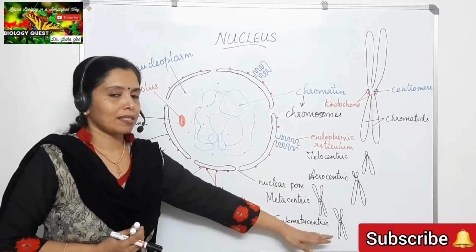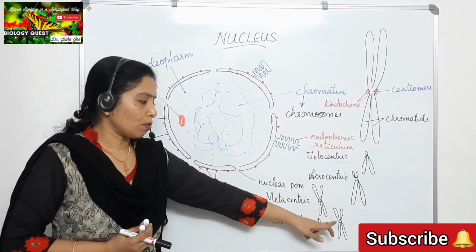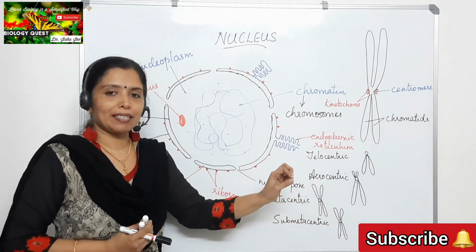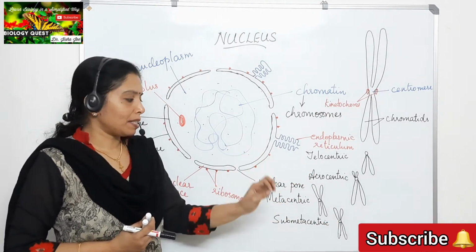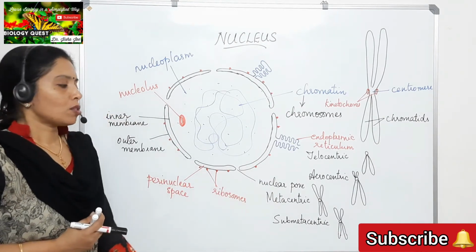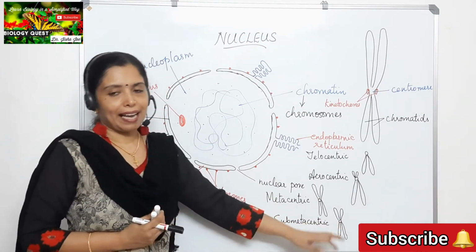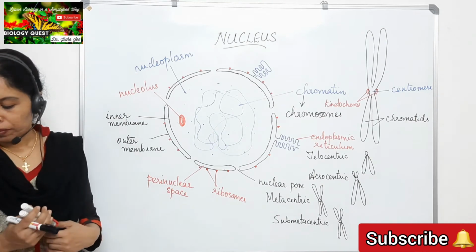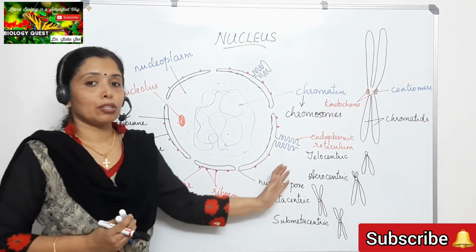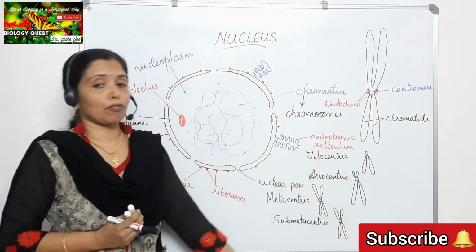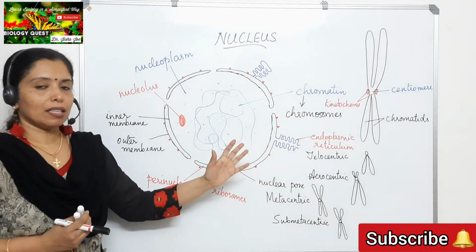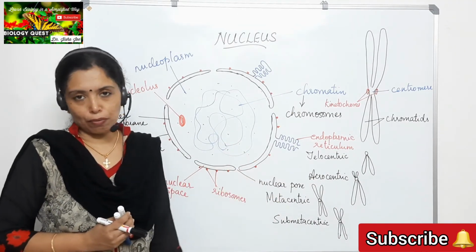And submetacentric, where the centromere is located more towards the center of the chromosome, so as to produce a shorter and a longer arm. So this is the classification of chromosomes based on the position of the centromere.